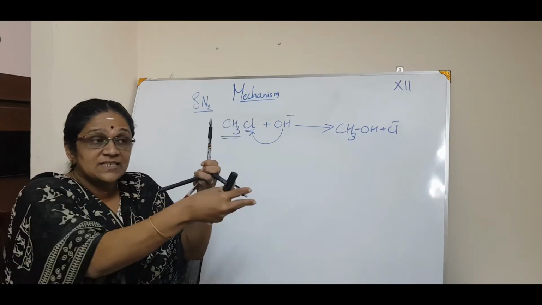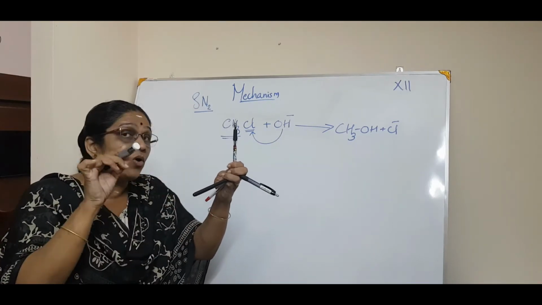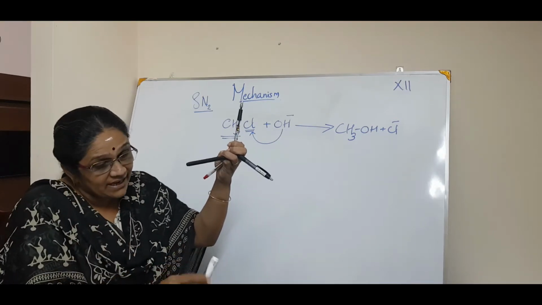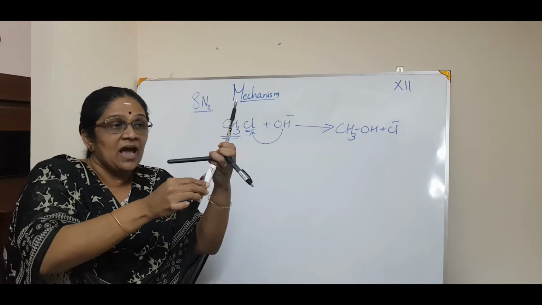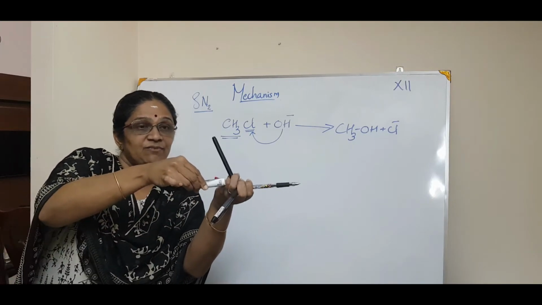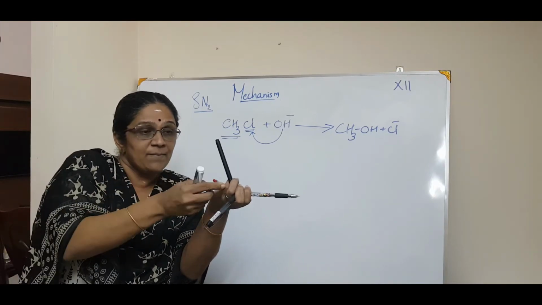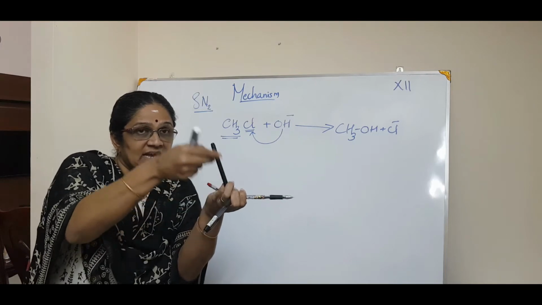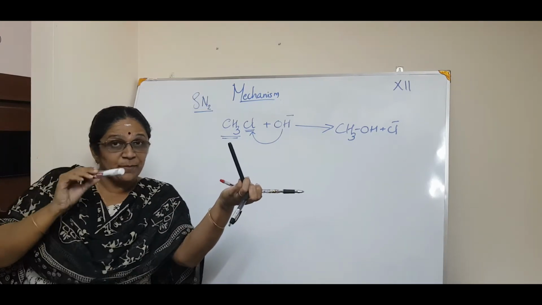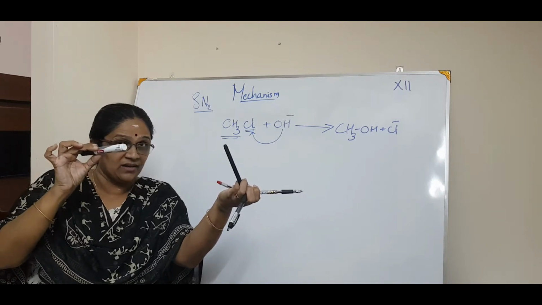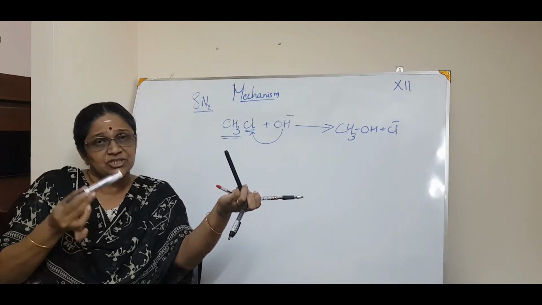Even though hydrogen is small, still it comes, but the more convenient way for a nucleophile is like this. So in order to have a pictorial representation, I am drawing C, three hydrogens and chlorine, and you visualize OH minus, this is a nucleophile, KOH or H2O, whatever.